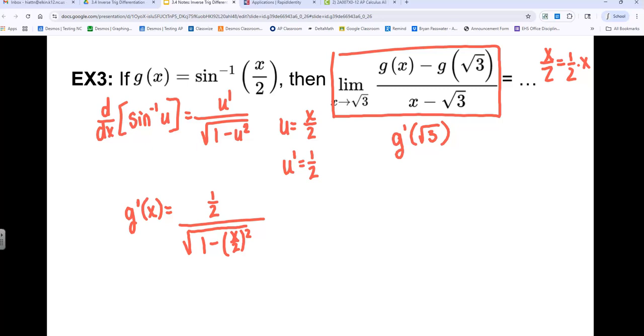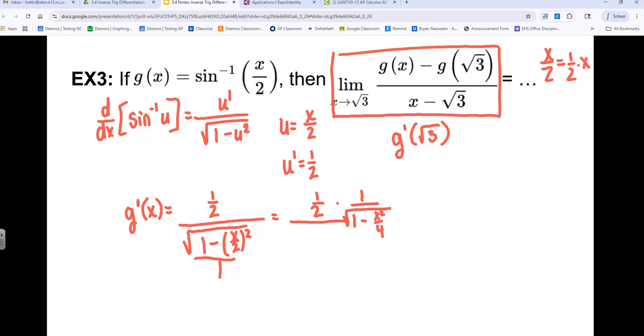You can square the top, square the bottom on this one. It really doesn't matter. Since it's the only thing in the top, we could do that too if we want to, because dividing fractions is easy as pie. So it'd be like 1/2 times 1 over the square root of 1 minus x squared over 4, like that.